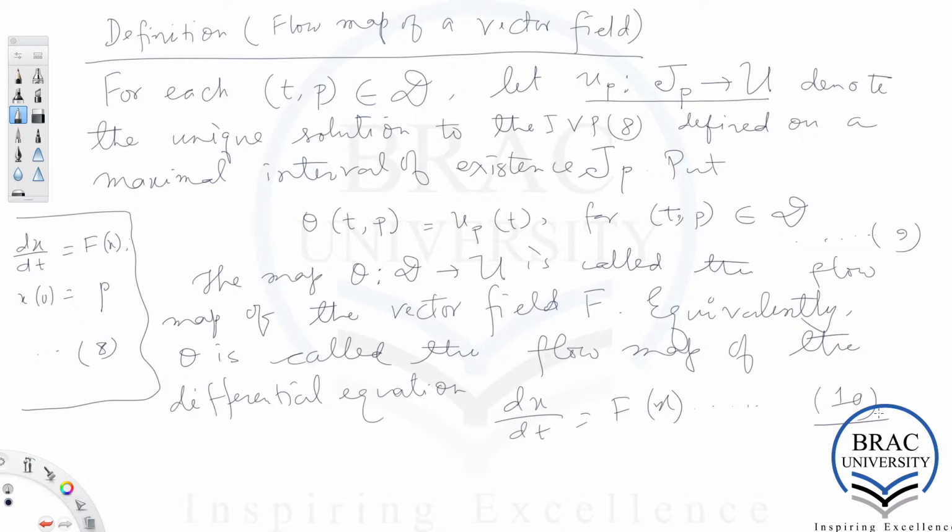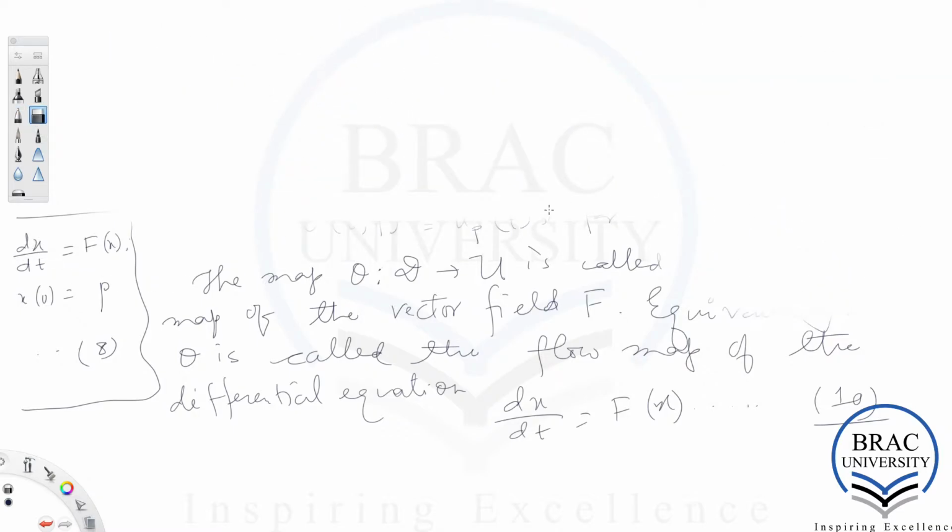Okay, now we discuss some properties of the flow map, along with proofs, which we state by means of a proposition.